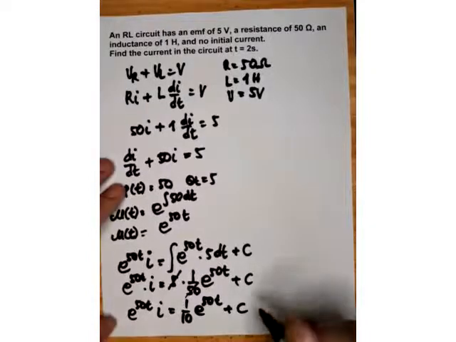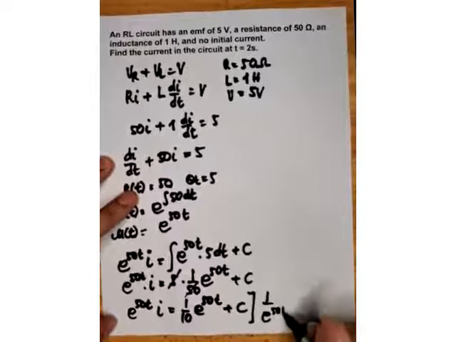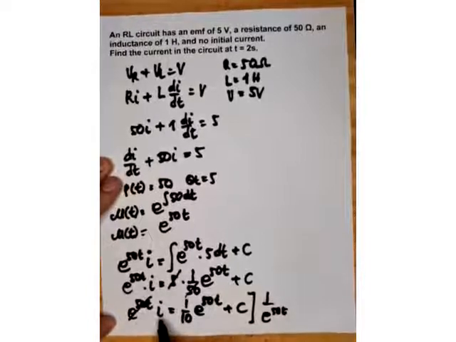And then let's multiply the whole equation by 1 over e raised to 50t, para makancel yon, para matira yung i dito sa left side.